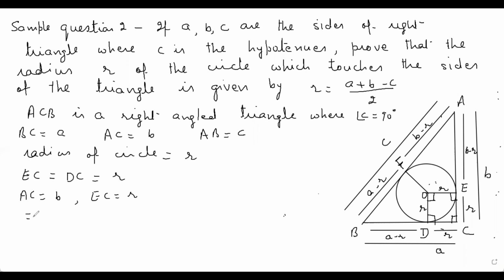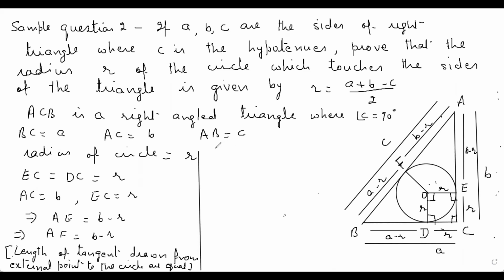It implies AE is B minus R. It implies AF is equal to B minus R. The reason is length of tangents drawn from an external point to the circle are equal.